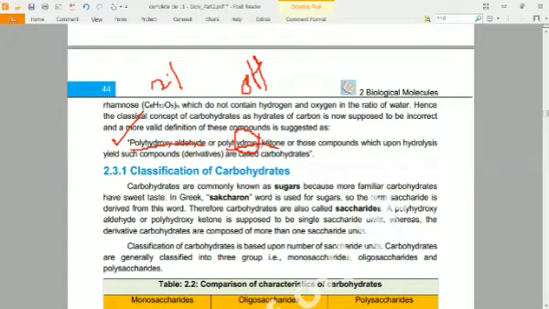Lots of OH groups are present. But what do aldehyde and ketone mean? Upon hydrolysis, meaning upon breaking, they give polyhydroxyketone or polyhydroxyaldehyde.